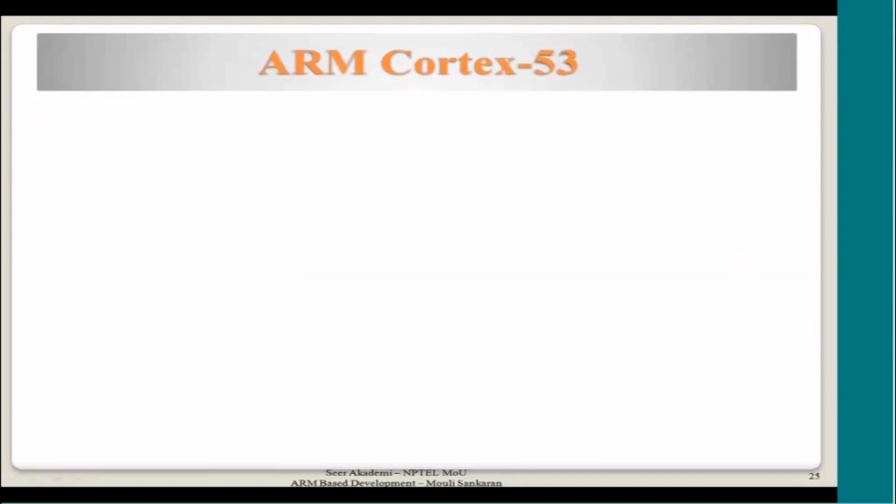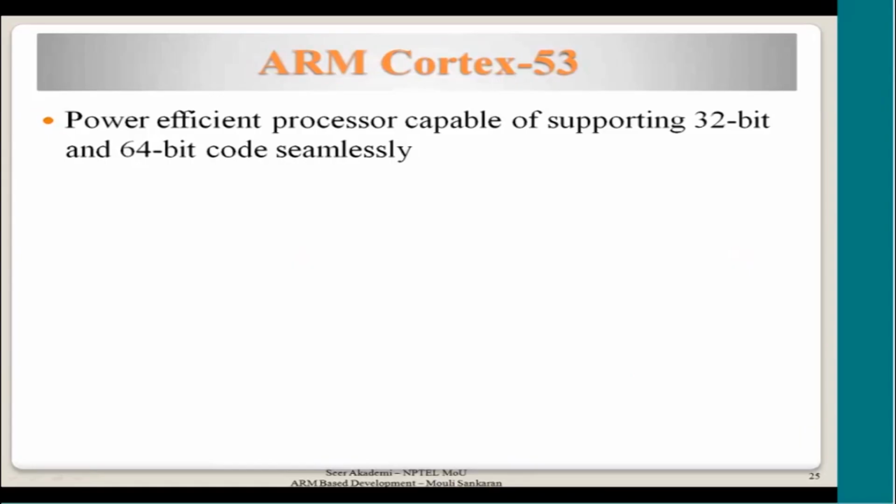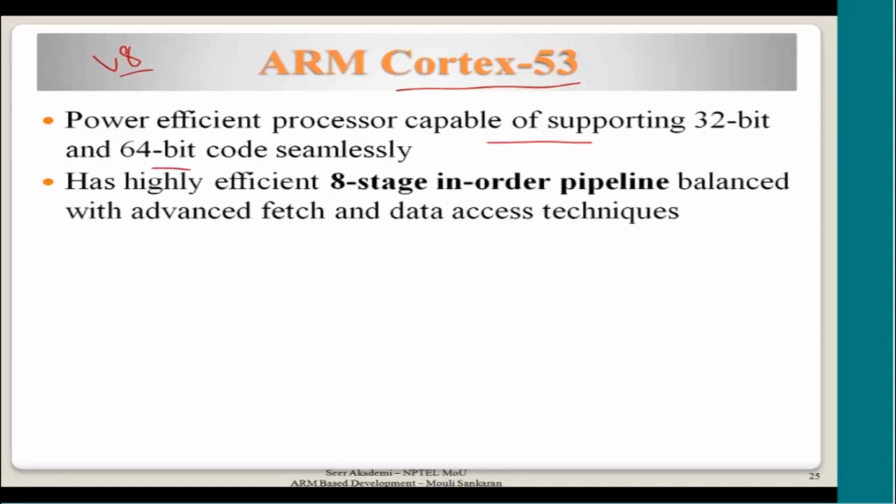And then let us see a few examples of ARMv8. This Cortex-A53 is one; you saw up to A15. Now Cortex-A53 follows the ARMv8 architecture ISA. It is a power efficient processor capable of supporting 32-bit as well as 64-bit code seamlessly. Okay.